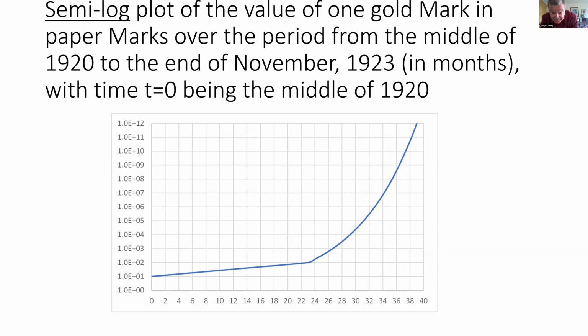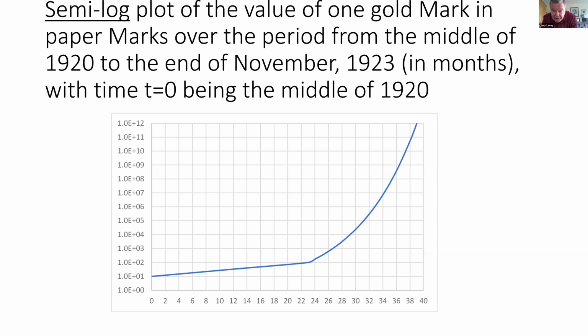And what we have is a time series again. This is over the period from the middle of 1920 to the end of November 1923. On this occasion, it's in months, not years. Okay, so time zero is, I think, June or July 1920. If you look at the plot, it's a semi-log plot, right? So for a long time, things are increasing. So what does that mean?